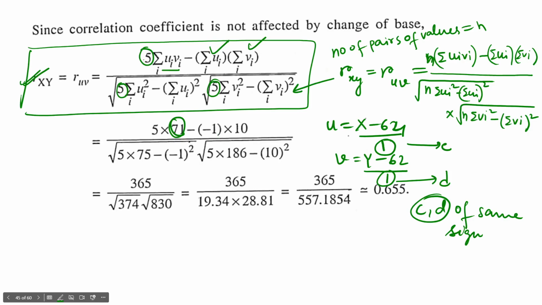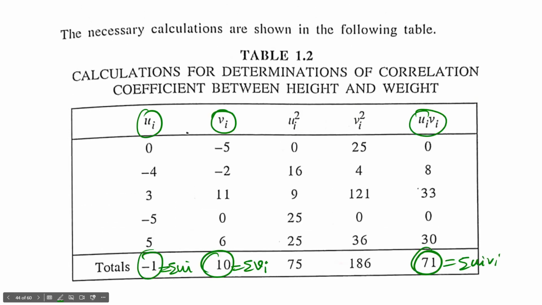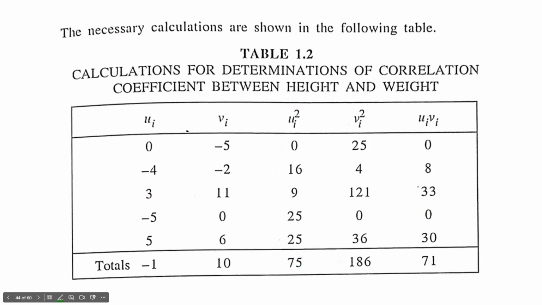Summation ui is minus 1, summation vi is 10, divided by summation ui square and summation vi square. Summation ui square is 75 and summation vi square is 186.